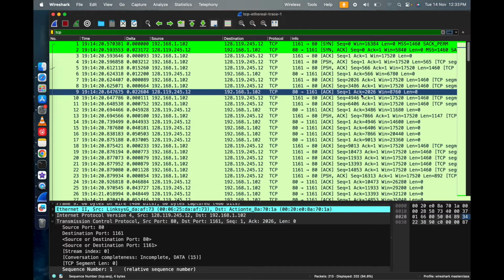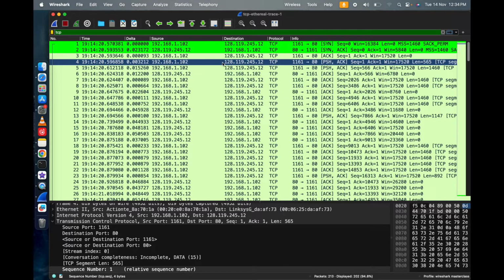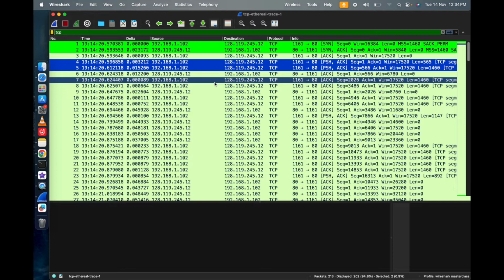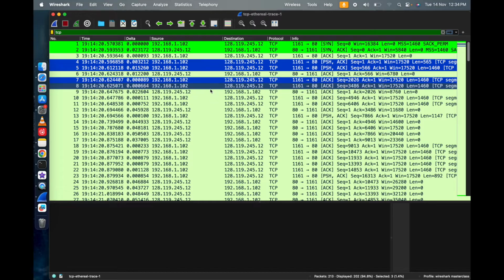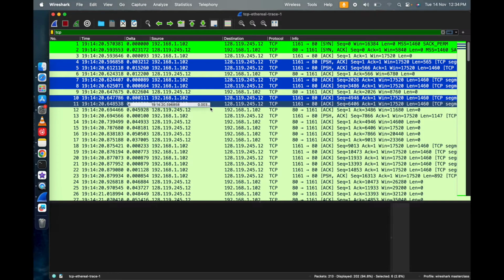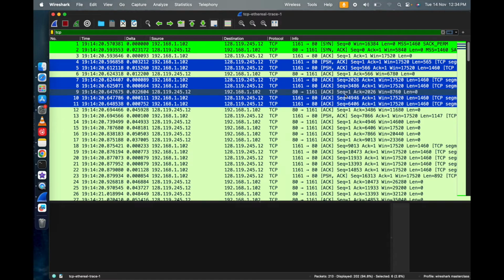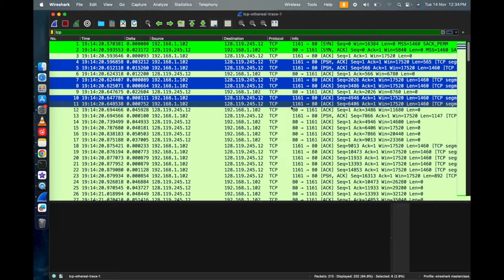I'll explain why we have considered these specific things. This is the first, the second, the third, the fourth, the fifth, and the sixth. These are the six sequence number segments, in a particular order.